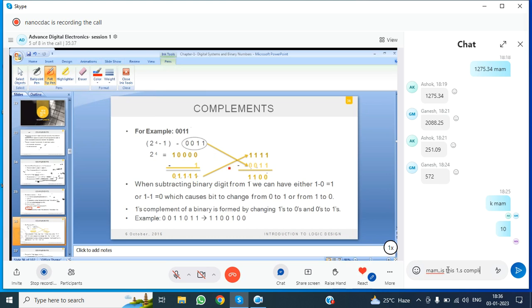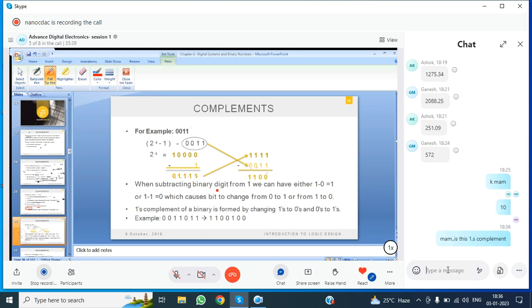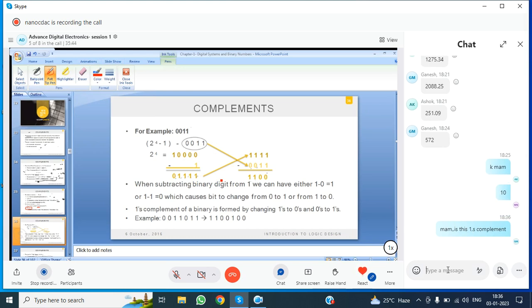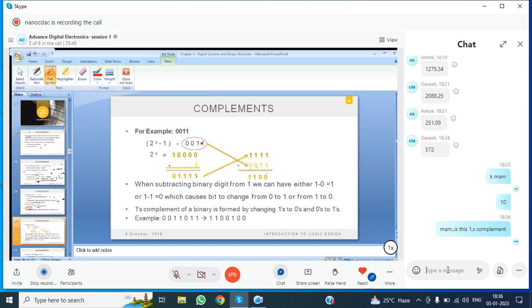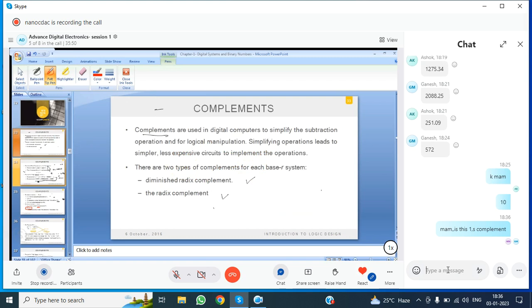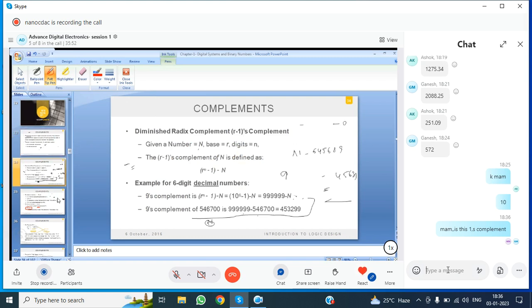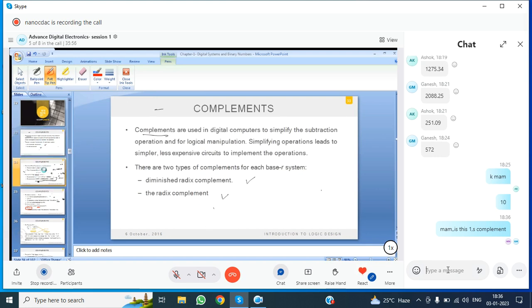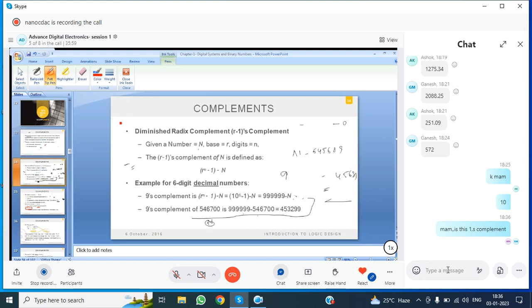Shall I go ahead? Yes, this is one's complement only. Okay, this is one's complement only. So we are just looking at the diminished radix complement.